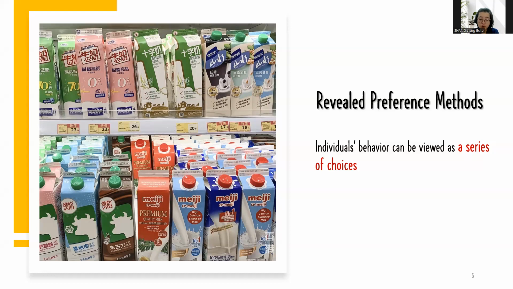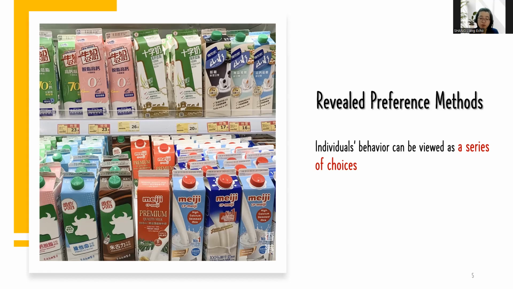If we use a revealed preference method, then instead of asking individuals to indicate their preference, we will rely on their actual choices, their actual purchasing decisions, to understand their real preferences.